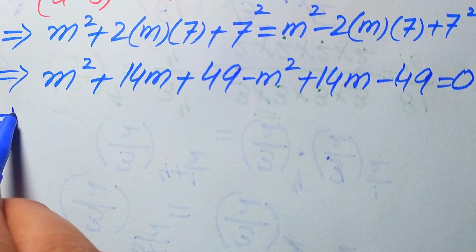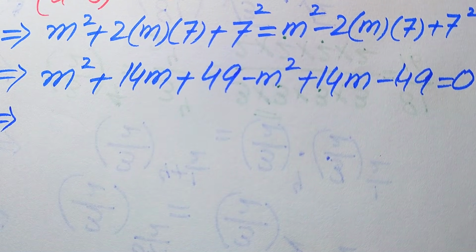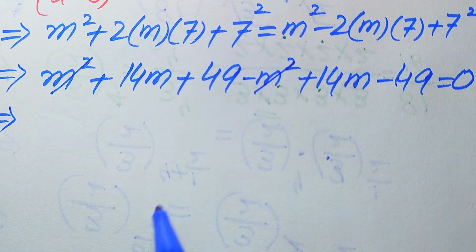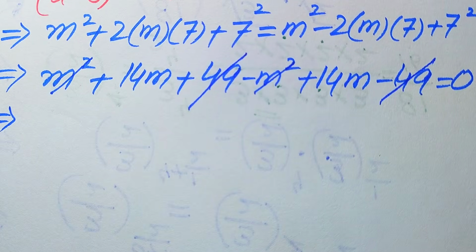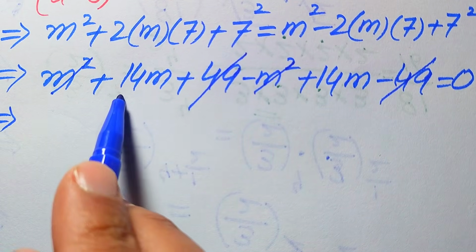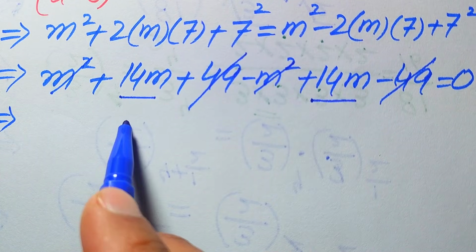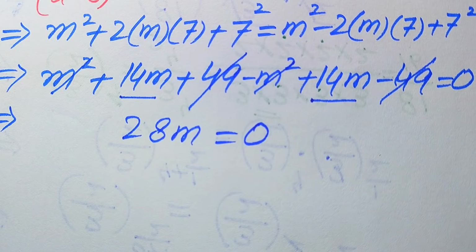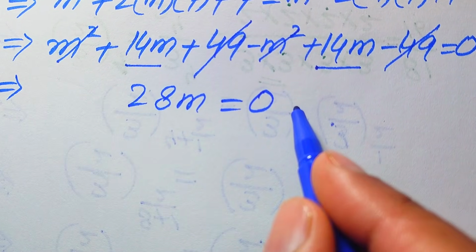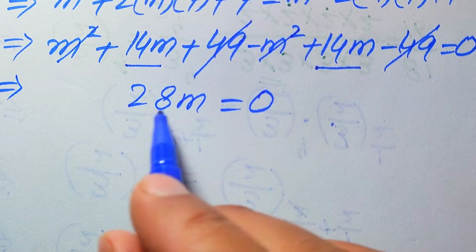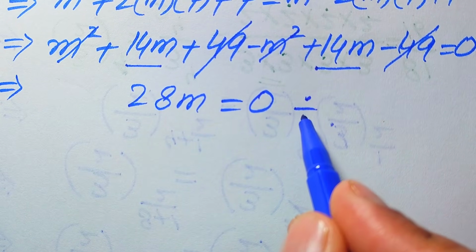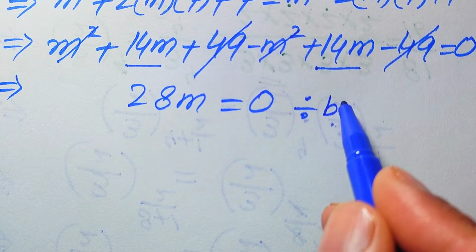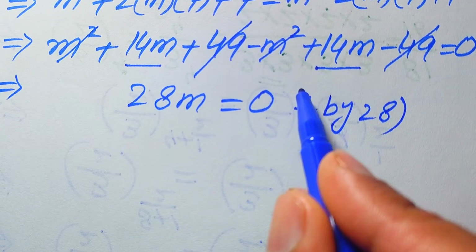In the next step, we need to add or subtract the like terms. We have plus m square and minus m square, which are gone, and plus 49 and minus 49 are also gone, and we obtain 14m plus 14m becomes 28m, and this whole equation is equal to 0. Now we need to remove this 28, which means we divide both sides by 28.